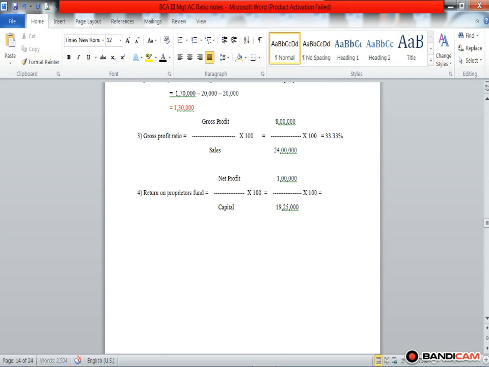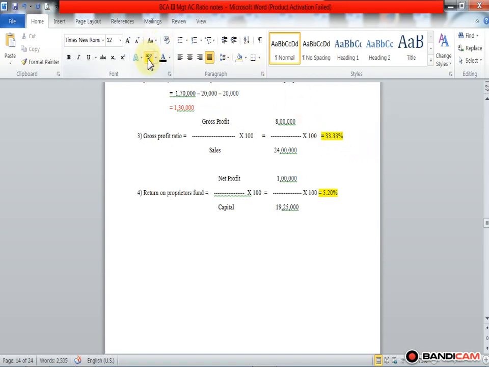So we get the percentage of return on capital employed is equal to 5.20%. Okay, so here the return on proprietors fund is 5.20%. So very easy, just remember the formula.